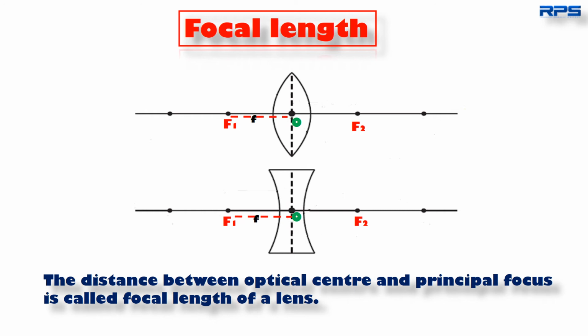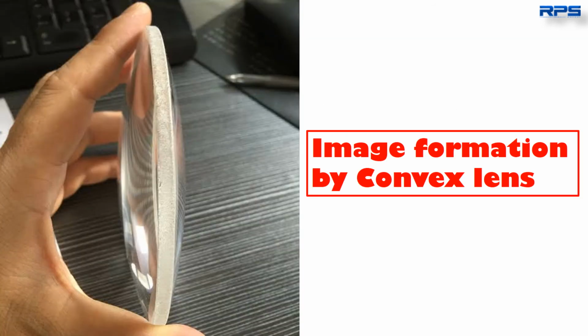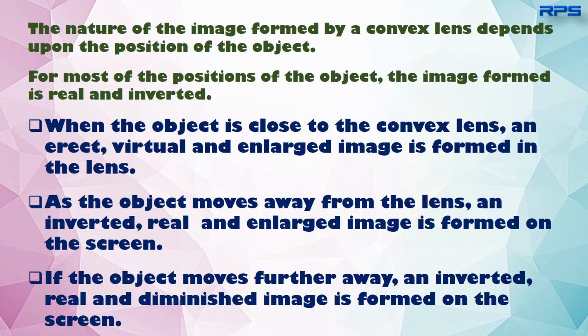Let us discuss the image formation by convex lens. The nature of the image formed by a convex lens depends upon the position of the object. For most of the positions of the object, the image formed in case of a convex lens is real and inverted.